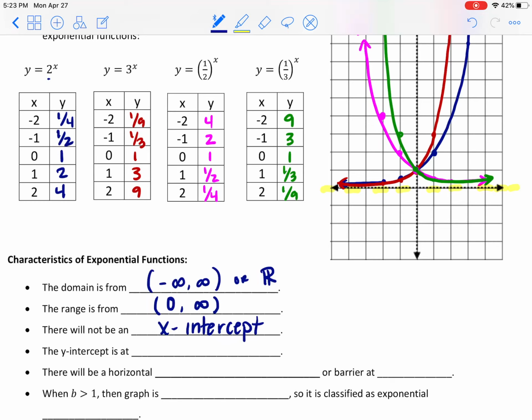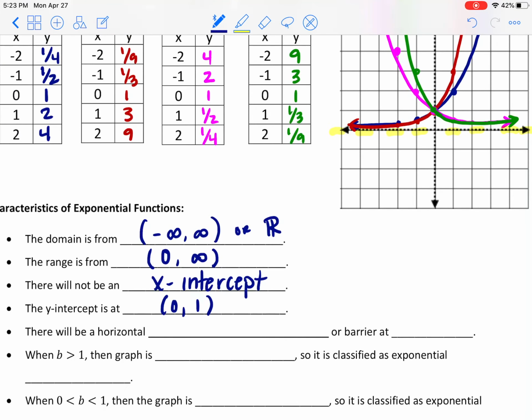And since we couldn't get to 0, there was no x-intercept for any of these graphs, and every single one of them had the same y-intercept. They all crossed the y-axis at 1 because anything to the power of 0 was 1. Every time we put a 0 in for x, we got 1 back for y. So the y-intercept was always at (0, 1).